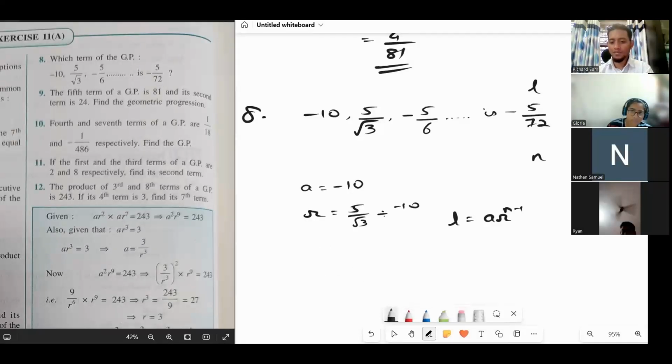Right? Divide like this. If it's fractions, then we can write this as 5 upon root 3. Convert the division into multiplication, and here you'll write it as minus 1 upon 10. Right? You'll take the reciprocal. So that becomes 2. And so R is what? Minus 1 upon 2 root 3. That is R.